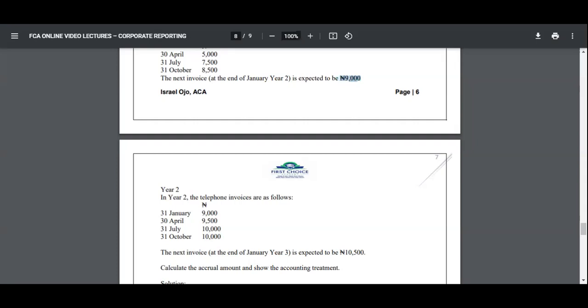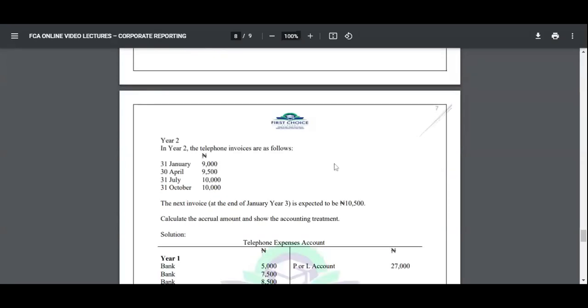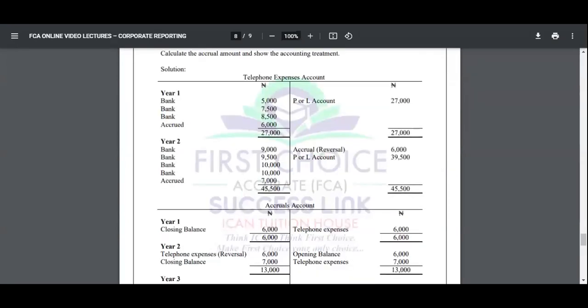If we divide this 9,000 by 3, it gives us 3,000. Are we reporting for November? Yes. For December? Yes. For January? No. So we are only reporting for 2 months, and this invoice comes in every 3 months. So we need to recognize our 6,000 naira, which is accrued, and then the balance is what is taken in.